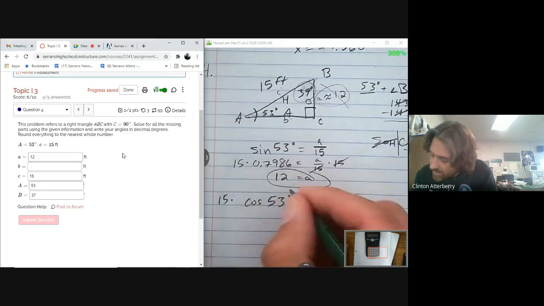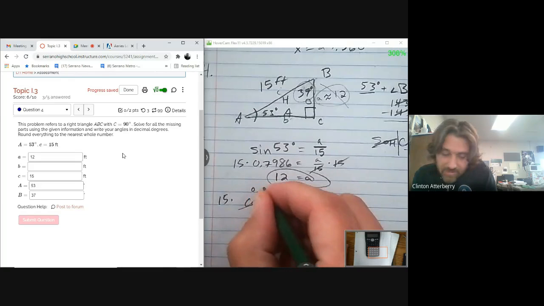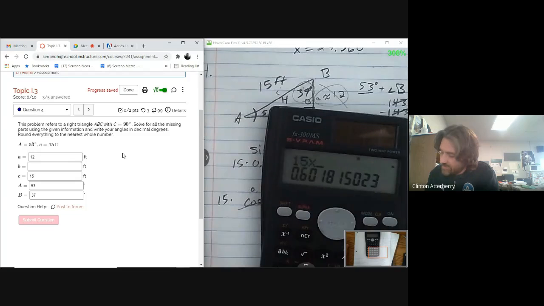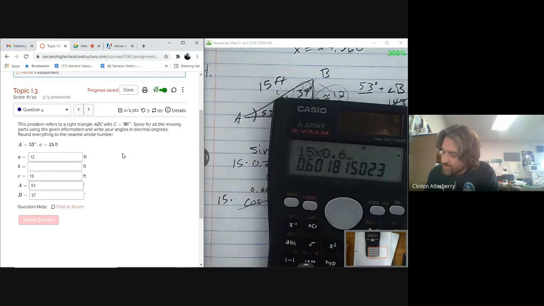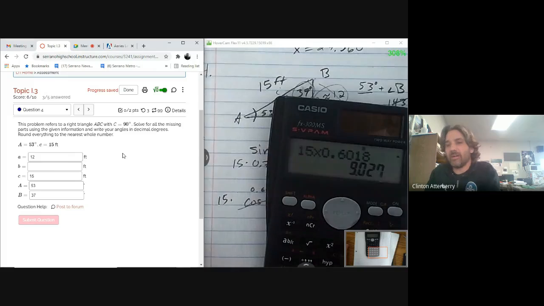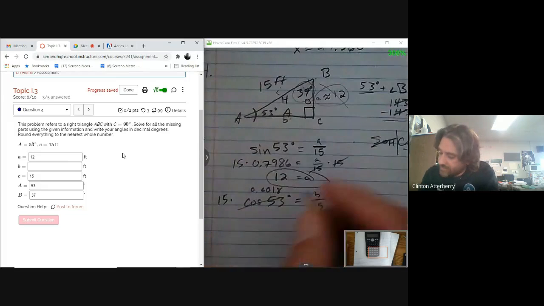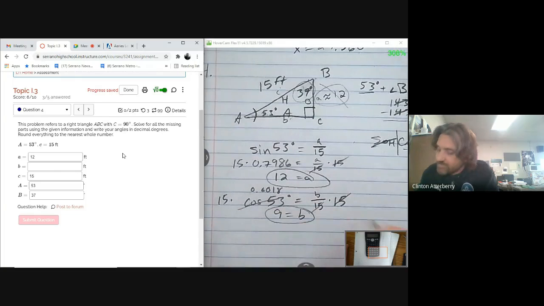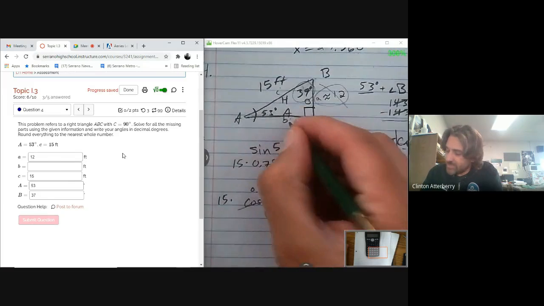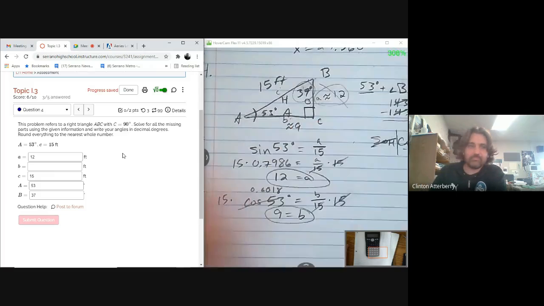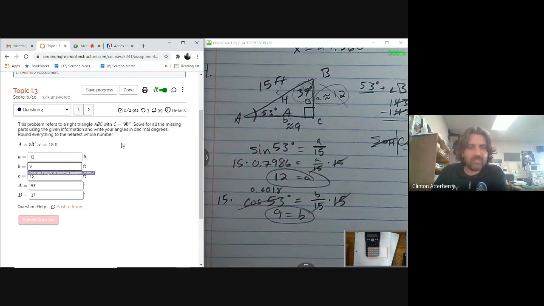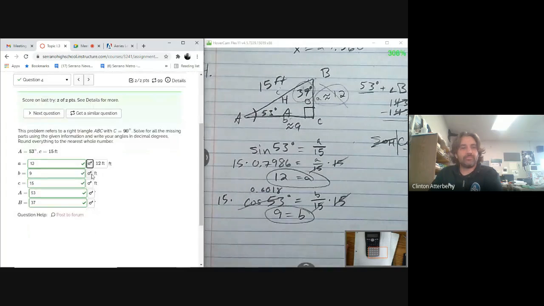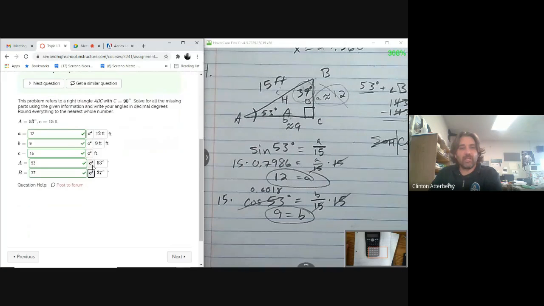So this is going to be 15 times 0.6018, and it's about 9.027, so about 9, is equal to B. All right, that's about 9. Okay, let's hit submit. Awesome, everything looks grand.